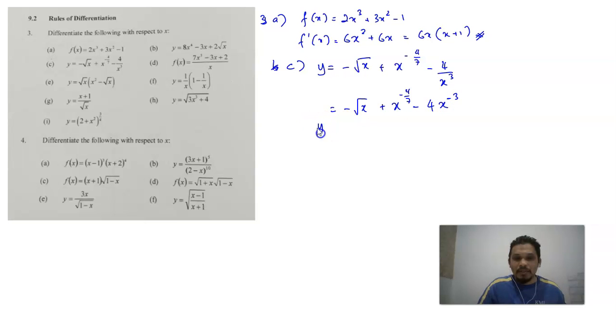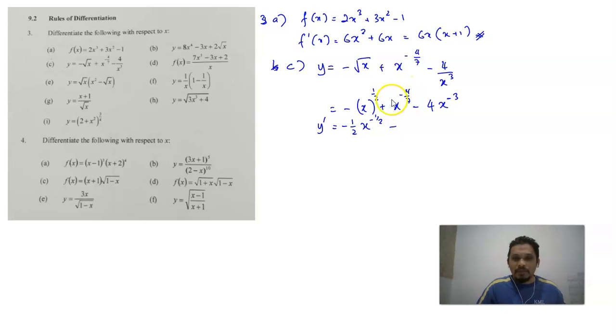Okay, so then y prime or dy dx equal to, this square root means x to the power of half. So then differentiate this, half times negative, negative 1 over 2, x to the power of half minus 1, negative 1 over 2.